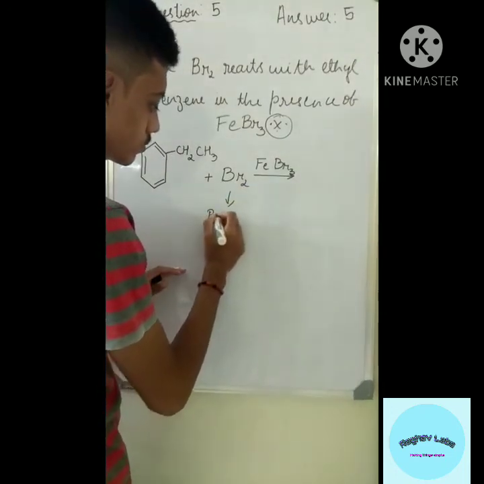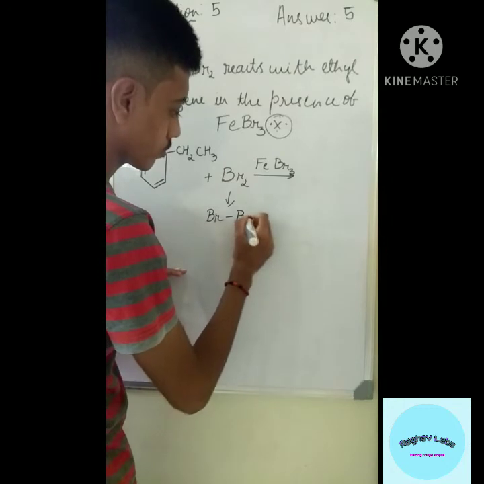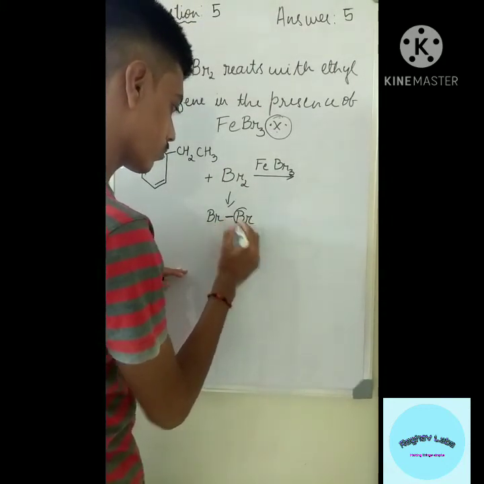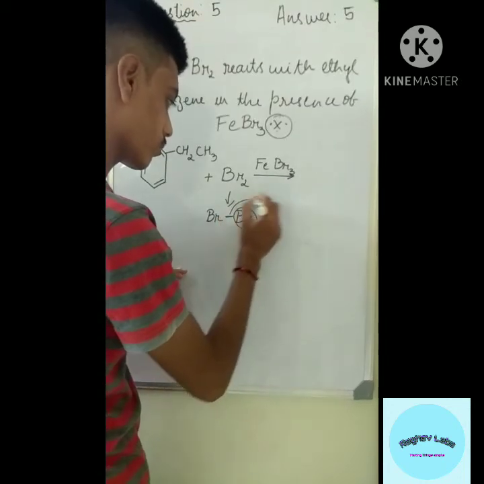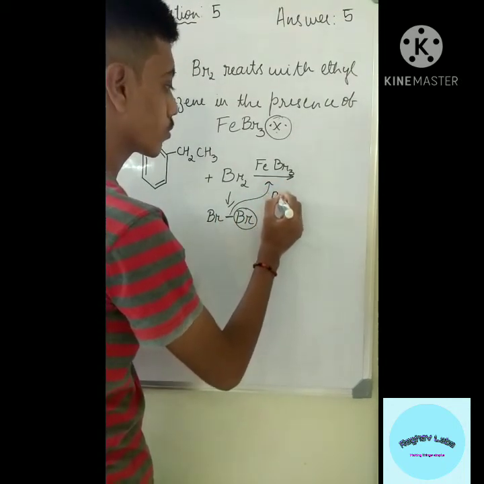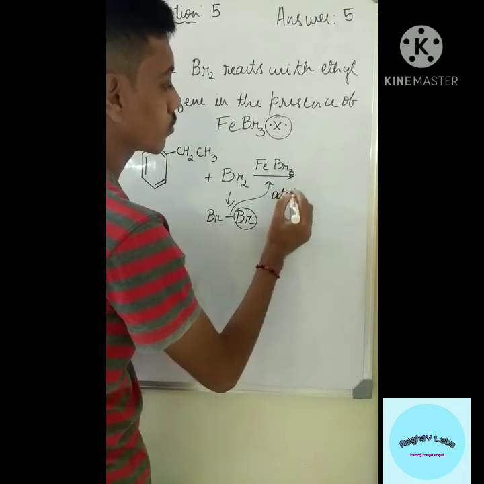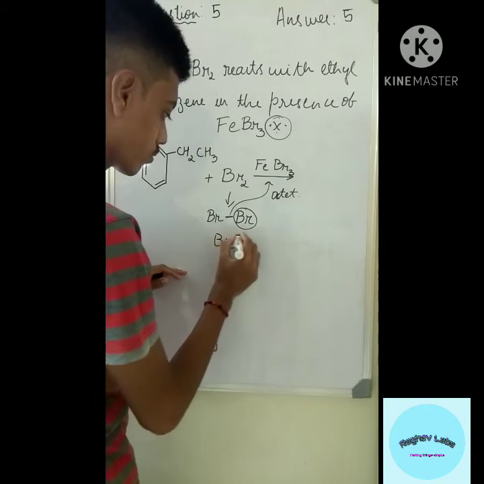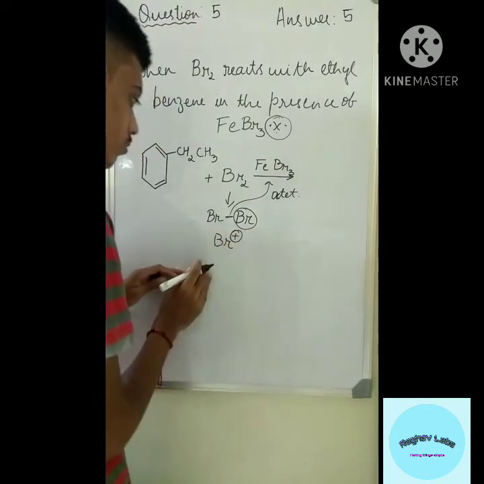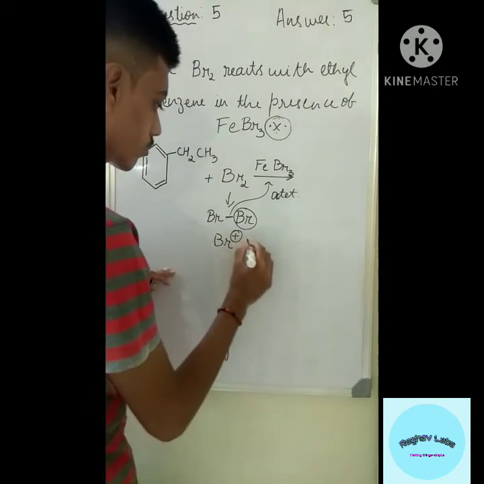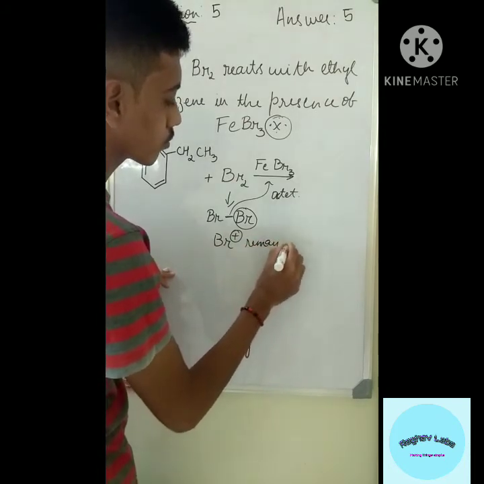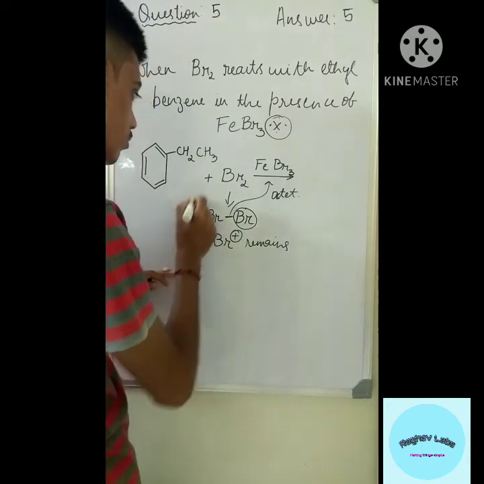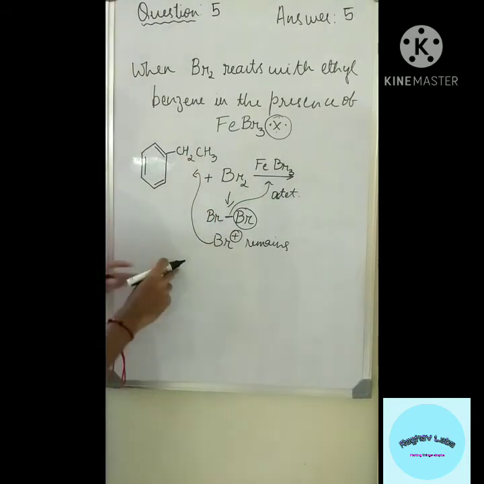Here Br2 is attached by a single covalent bond, and one bromine is utilized by FeBr3 to complete its octet, and the remaining is Br plus, which is an electrophile. And this electrophile attacks ethyl benzene, right?